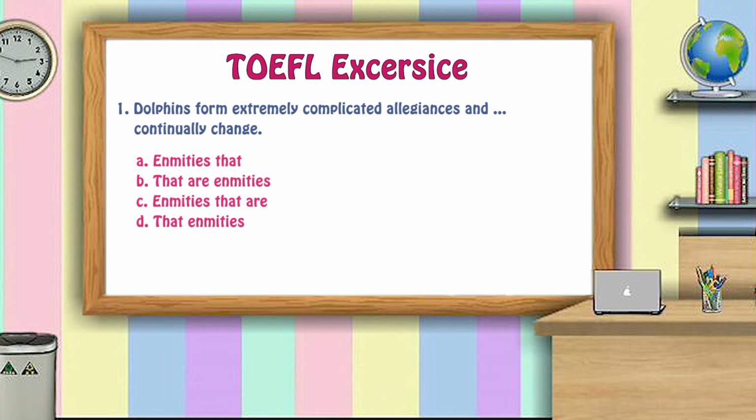So the right answer is A, allegiances and amenities that continually change.